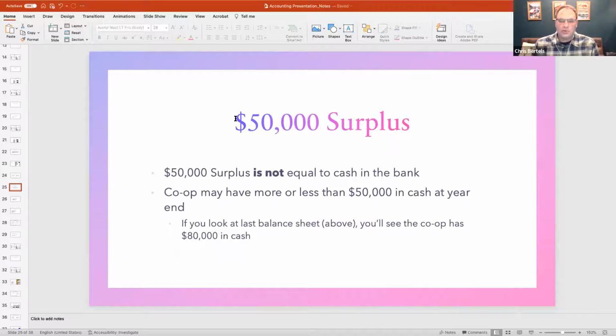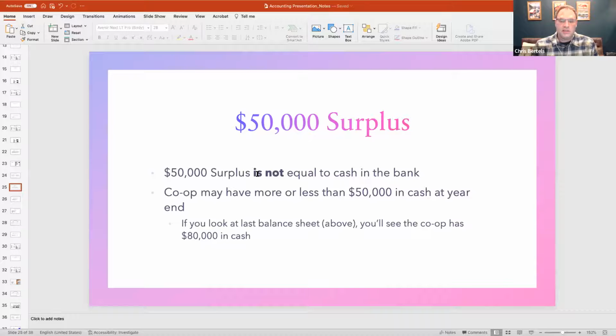If you recall, there was a $50,000 surplus on the income statement. That $50,000 surplus is not equal to cash in the bank. This is another thing that people struggle with understanding: just because your income statement shows a certain amount, like $50,000 at the end of the year, that does not mean that you have $50,000 in the bank. They're not really connected.